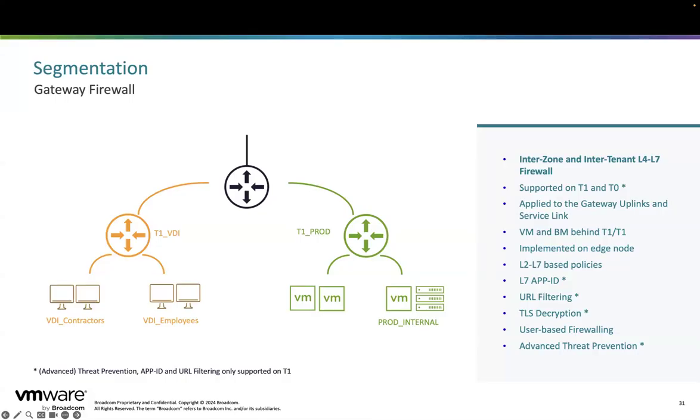It could be a VM or bare metal, implemented on an edge node with the ability to do L2 through L7 based policies, layer 7 app ID, URL filtering, TLS decryption, user-based firewalling, and advanced threat prevention. Now, keep in mind that the ATP, the app ID, and the URL filter are only supported on the gateway firewall running on a tier 1 device.